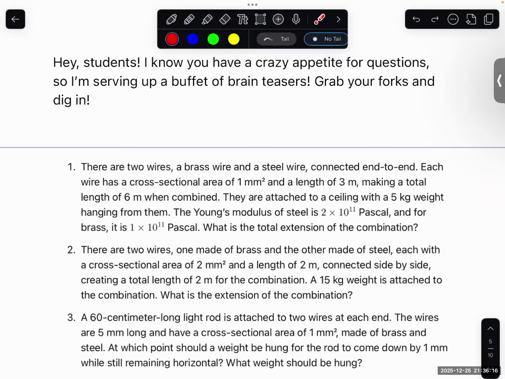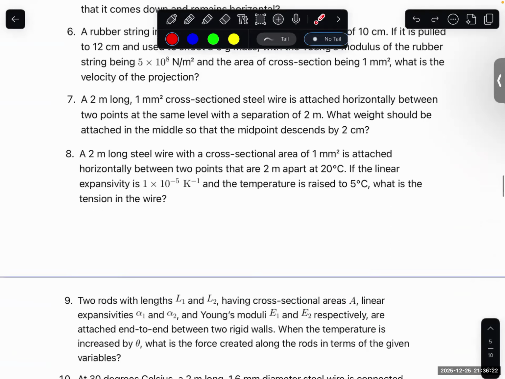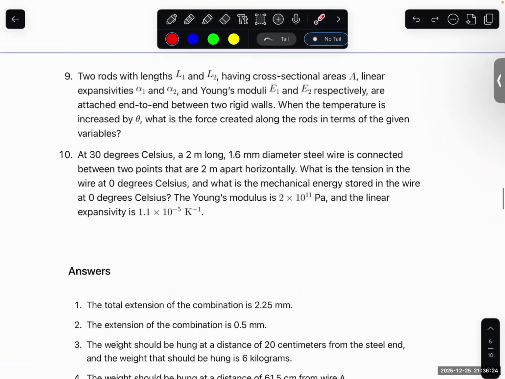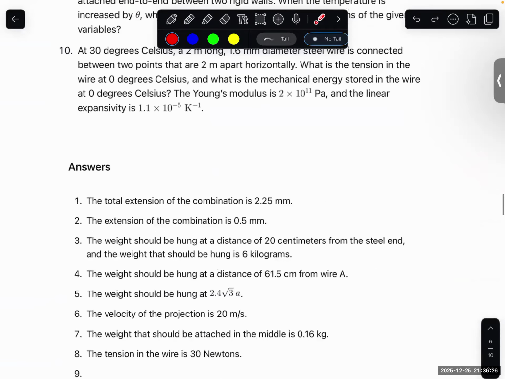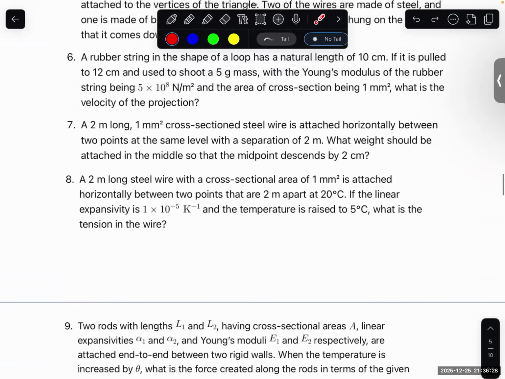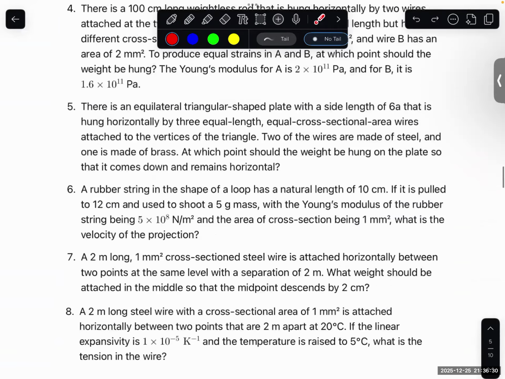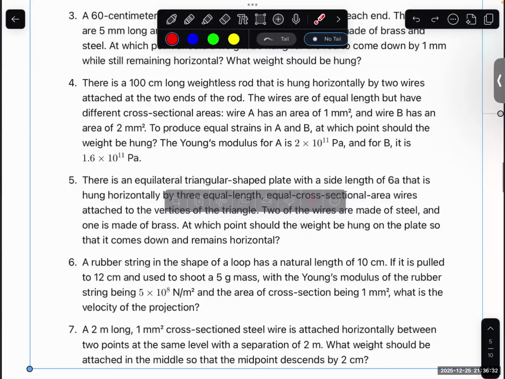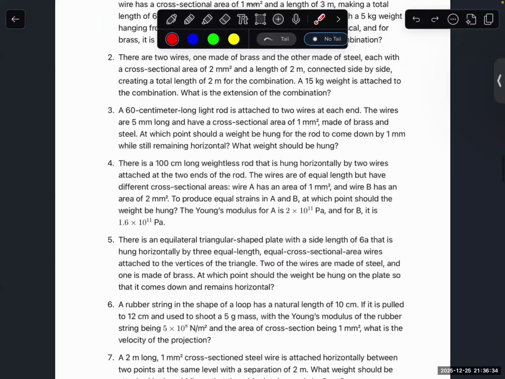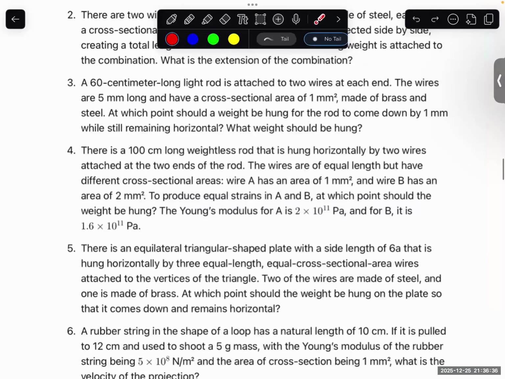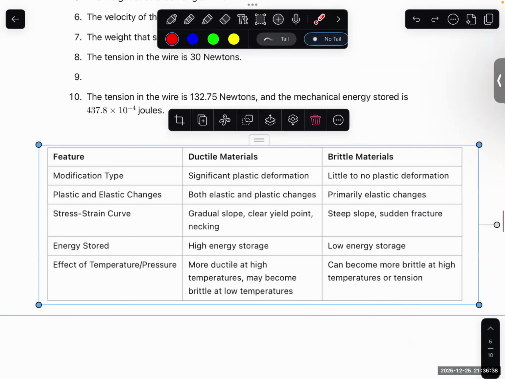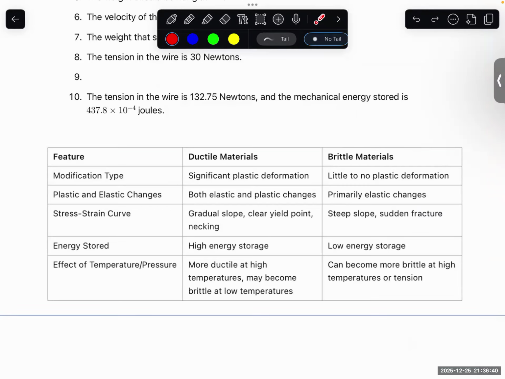And then to feed your appetite for questions, I have given you 18 questions. I think there are answers also. There can be some typing mistakes, but most of the questions are correct. You try to do them. And then finally, I have differentiated ductility and brittleness.